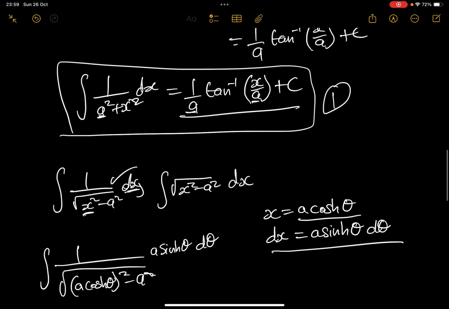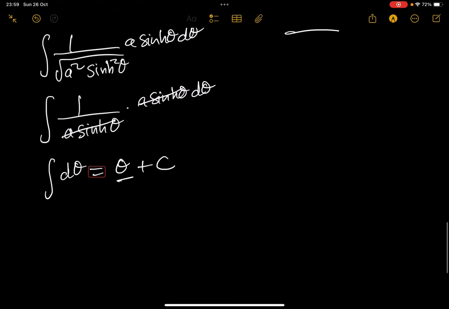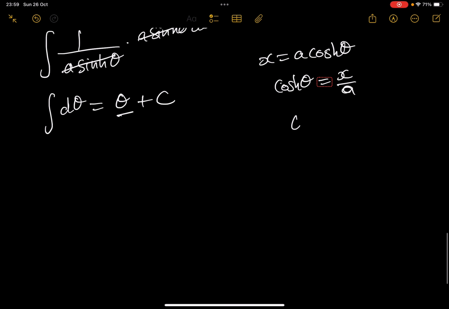You come back to your original expression, which was this, right? From x is equal to a cos theta, let's make theta the subject of the formula. So cos theta is going to be x over a, and then theta is going to be cos inverse of x over a.